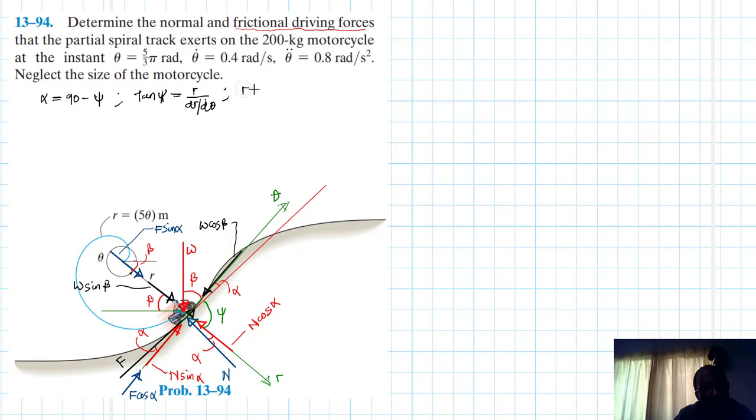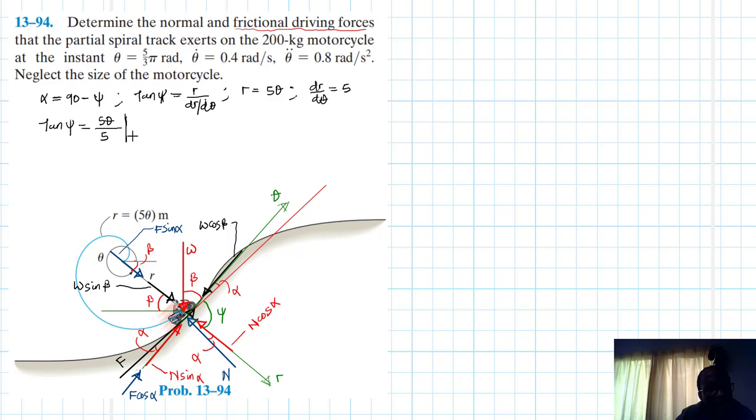And we know our r is equal to 5 theta, and therefore the theta is just equal to 5. Therefore tan psi is just going to be equal to 5 theta divided by 5.